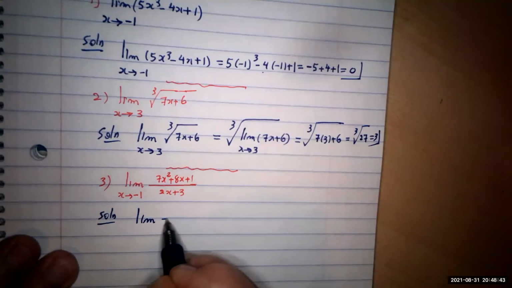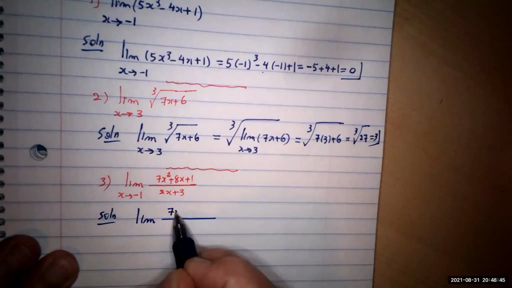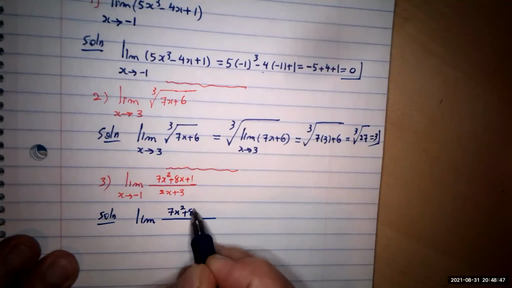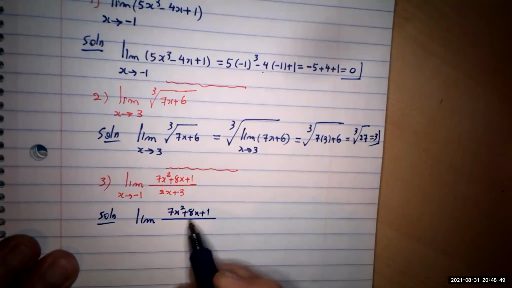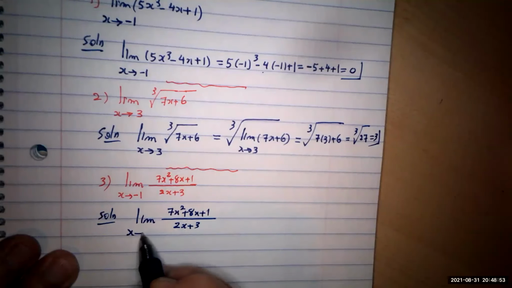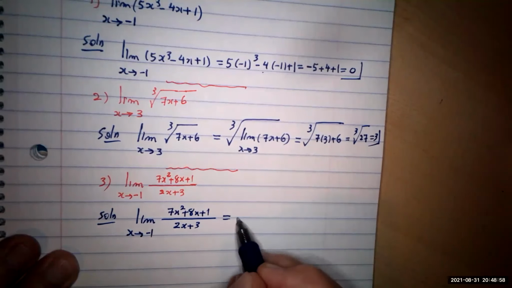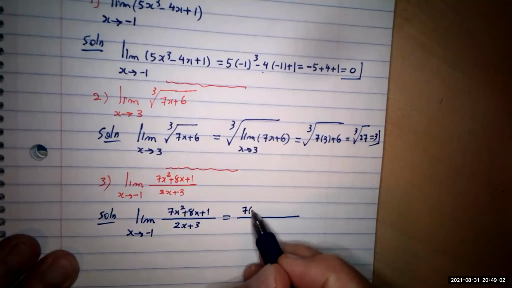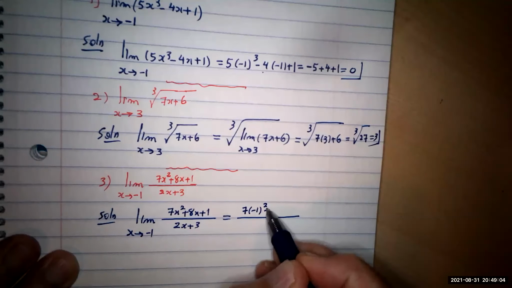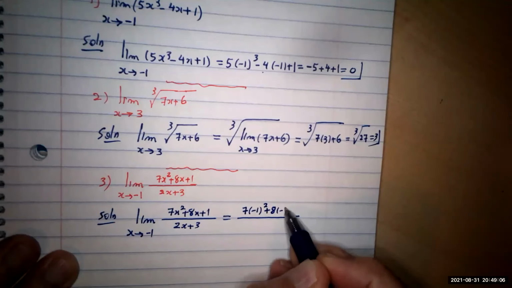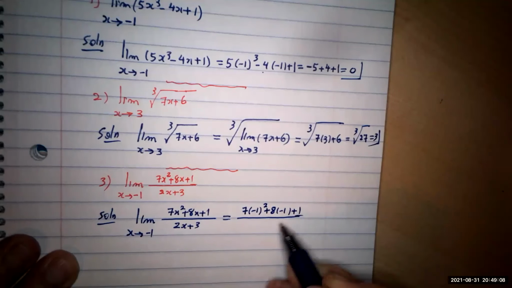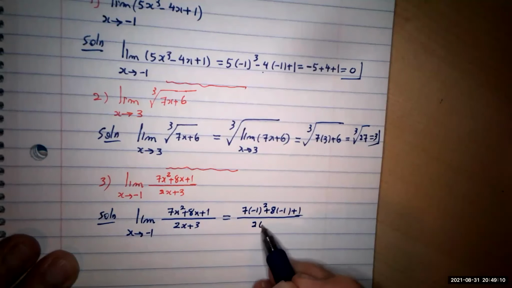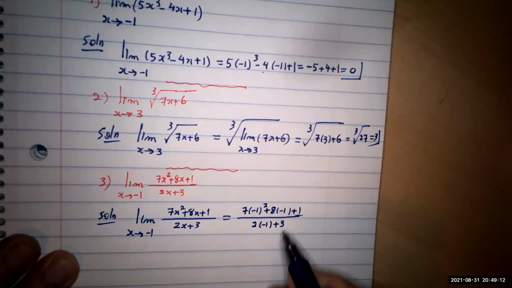We want to find the limit of 7x squared plus 8x plus 1 divided by 2x plus 3 when x goes to -1. On the top, make sure you use parentheses: 7 times -1 squared plus 8 times -1 plus 1. And the bottom one would be 2 times -1 plus 3.